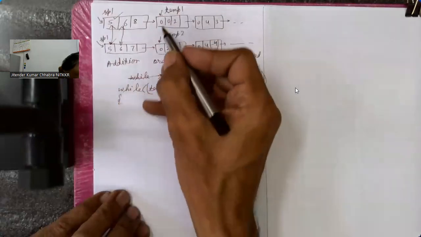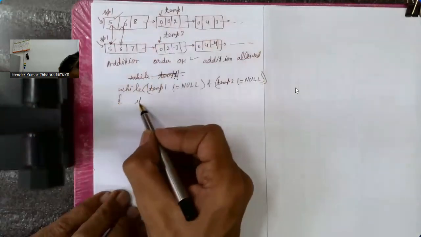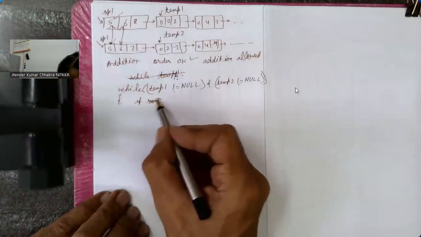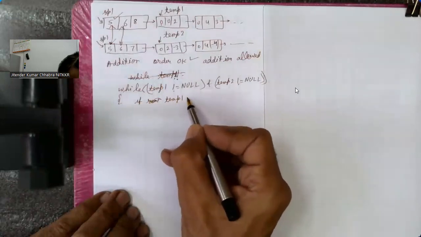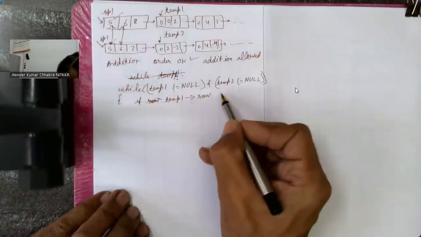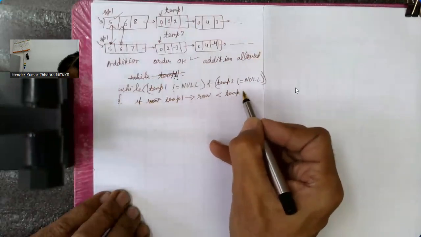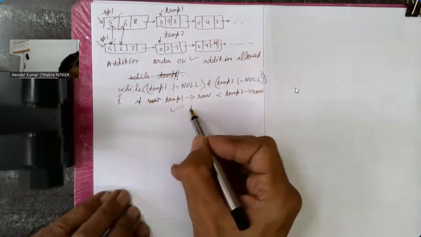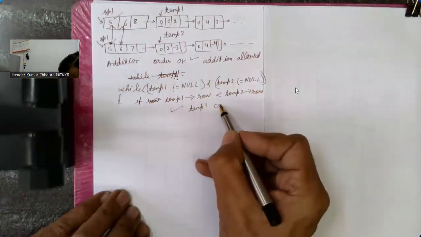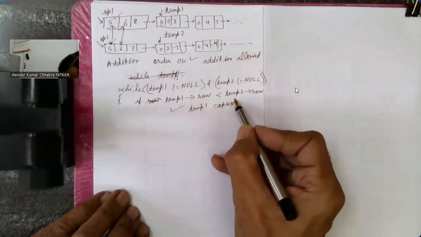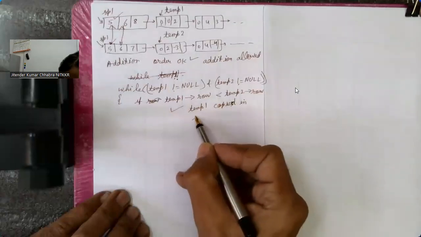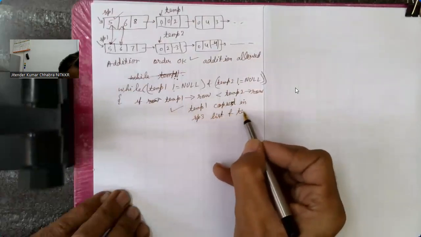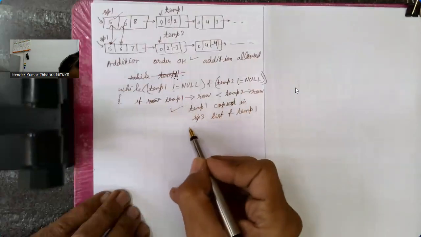And obviously now we could compare the row numbers. If temp1 arrow row is less than temp2 arrow row, that obviously means the value is directly copyable. Temp1's value will be copied into the output, into say the SP3 list, and temp1 shifted.